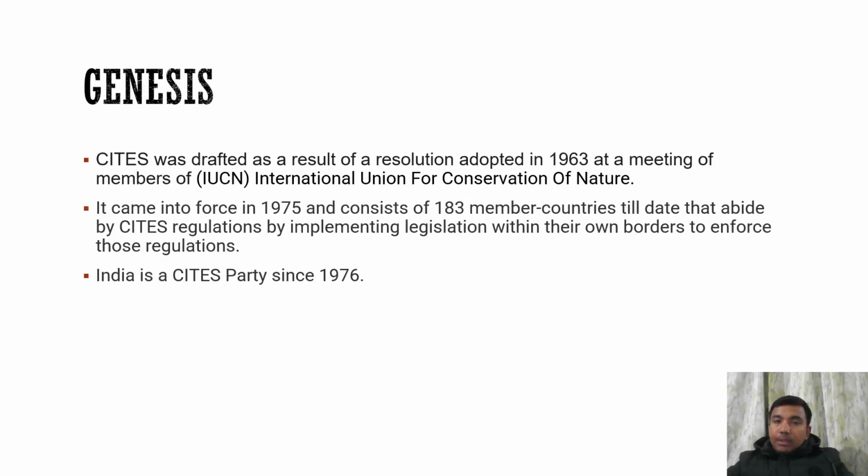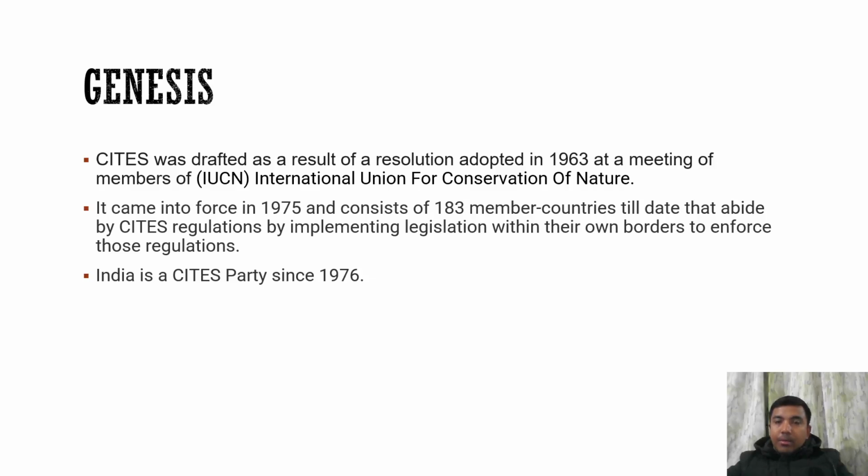So how did CITES come into picture? The idea of CITES was mooted in 1963 in a meeting of IUCN, and finally in 1975 it came into being. Initially there were 183 countries. India joined CITES in 1976, and here I would like to explain the difference between signing and ratification.